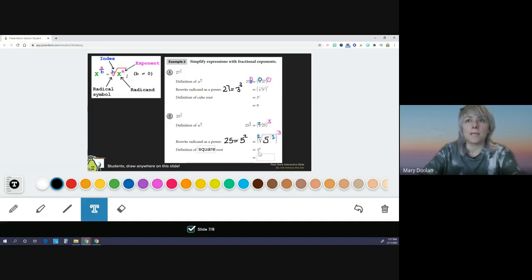Okay, and then 5 to the third power, what is that even equal to? So 5 to the third power is the same thing as 5 times 5 times 5.